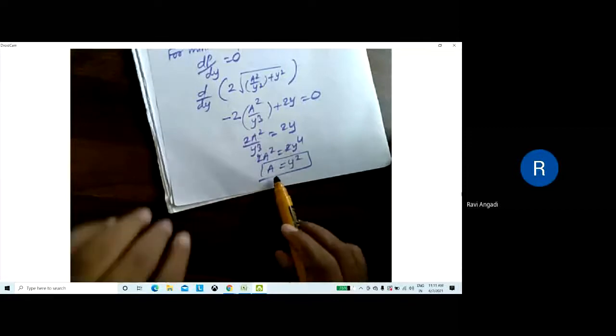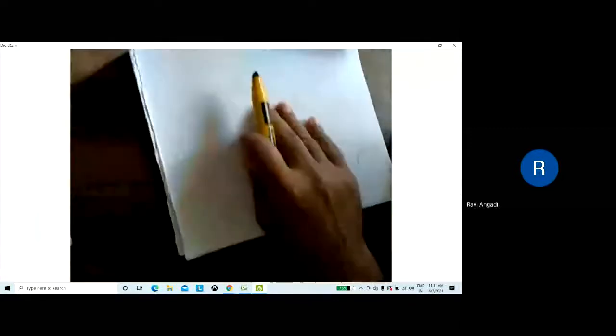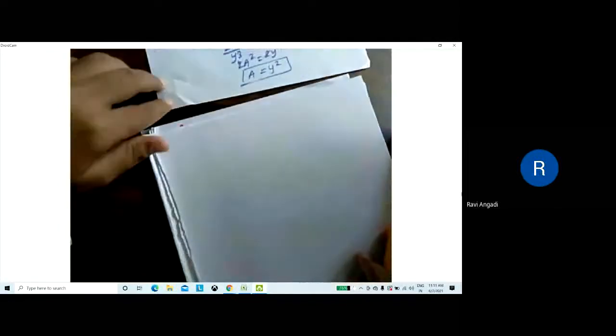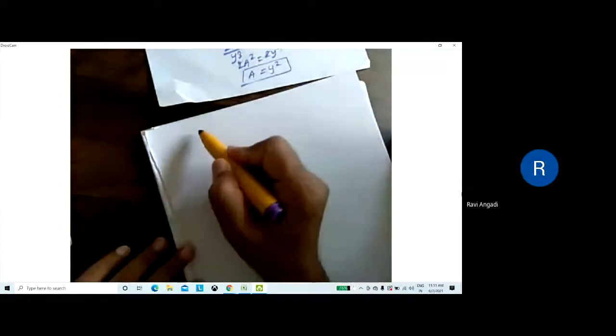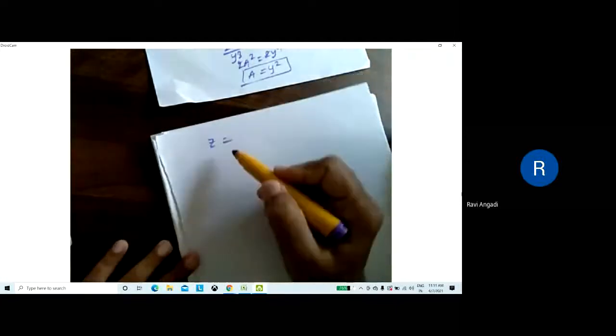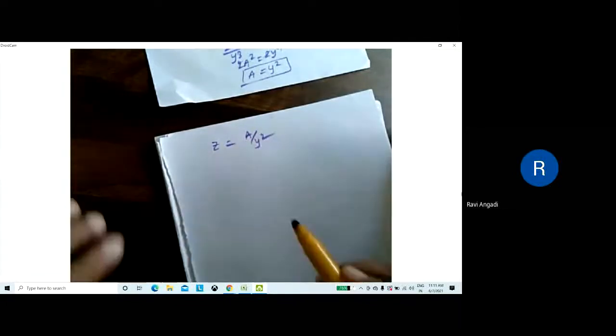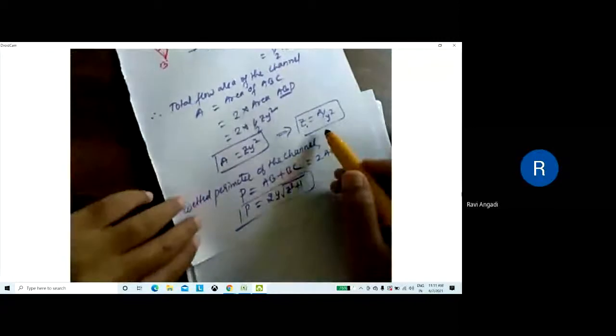Then if a equal to y square, what about the z? Z equal to already that is written. Is it a by y square? Correct? Written here, a by y square.